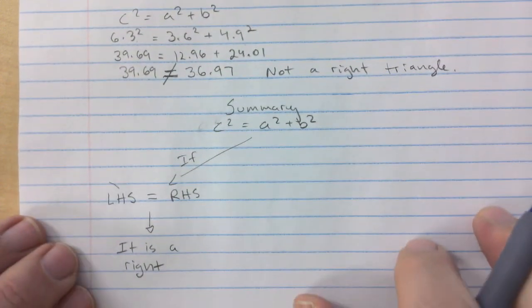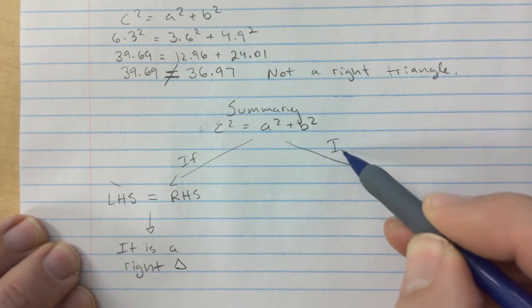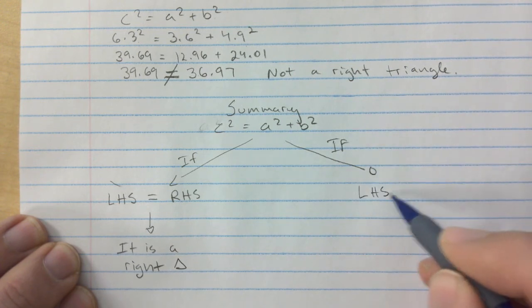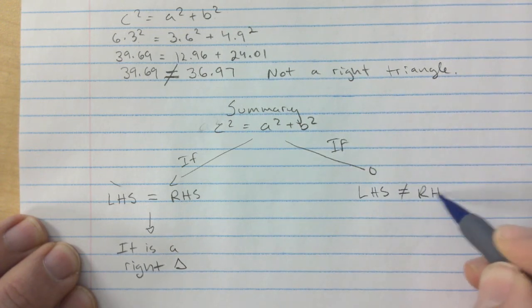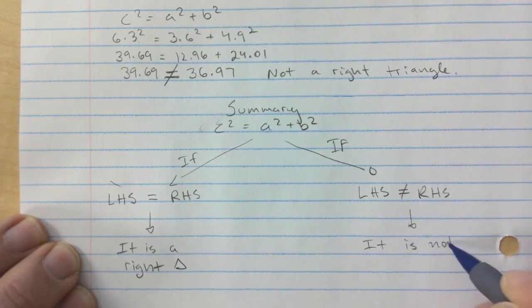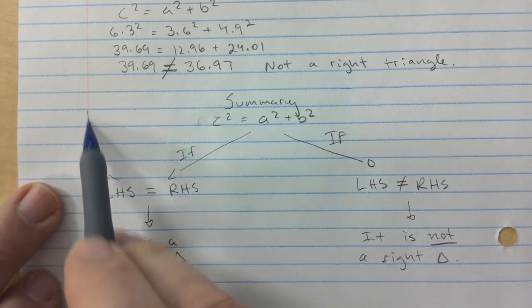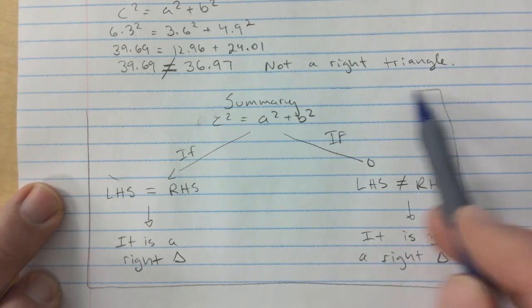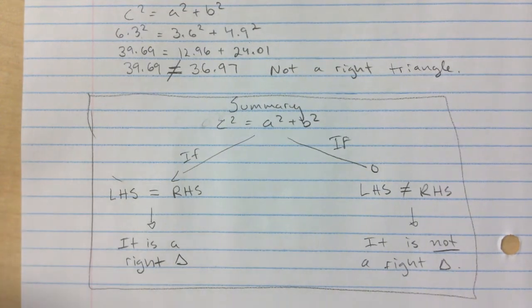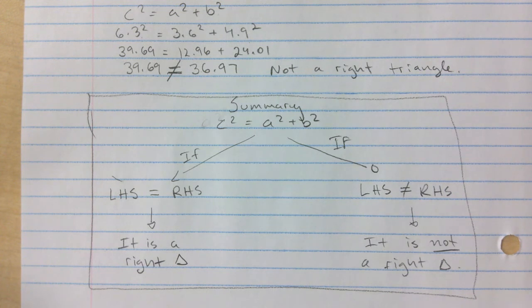Oops, you can't see that, can you? If left-hand side is not equal to right-hand side, it is not a right triangle. That's basically to summarize what we just did. So obviously the second example, left-hand side was not equal to right-hand side, so it was not a right triangle.